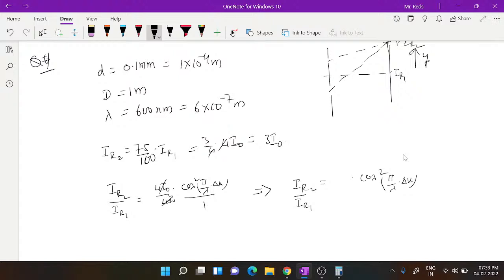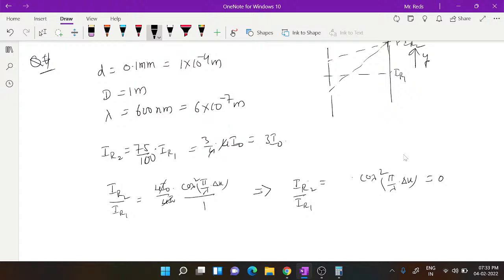But here the intensity at this point is 75% of this. So 75% is 0.75 into 4 I naught, and the 4 I naught cancels, giving 0.75.